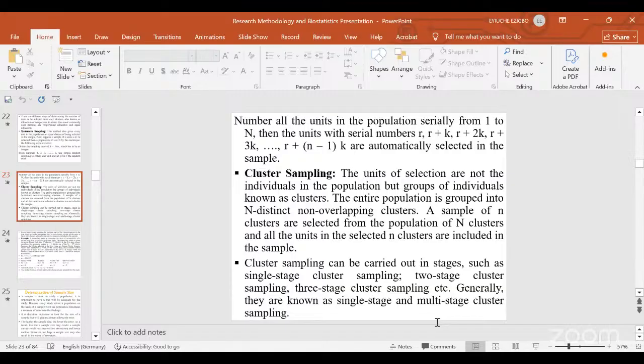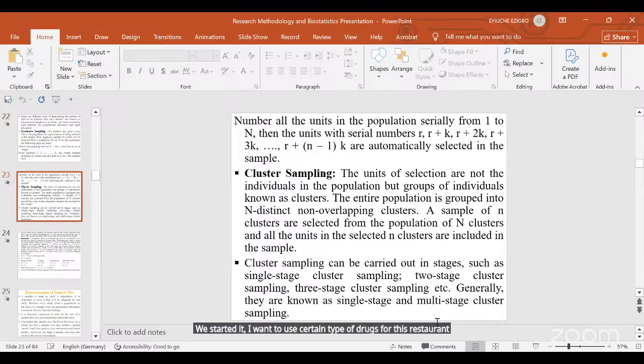What is the purposive or judgmental sampling technique? In this method, the researcher chooses units who possess certain characteristics of interest to form the sample. The researcher has decided, I want to use a certain type of individuals for this my study.